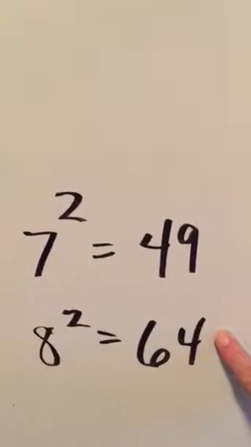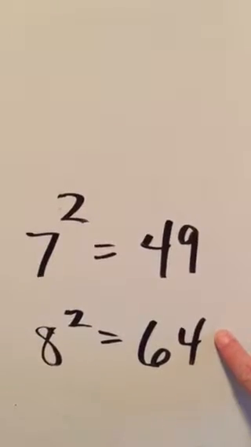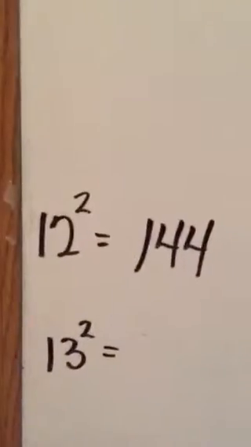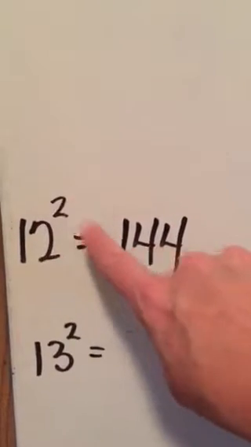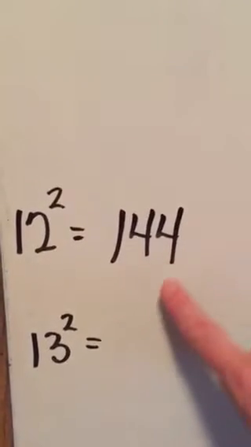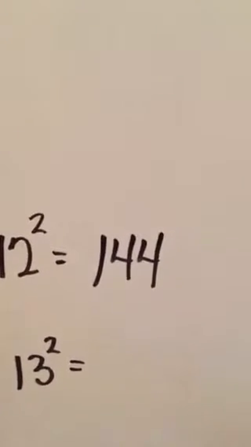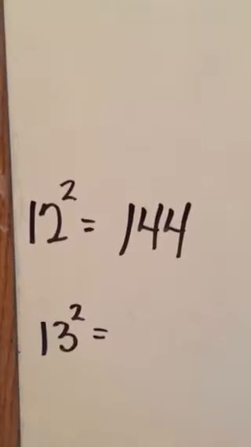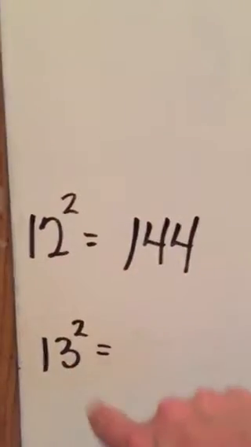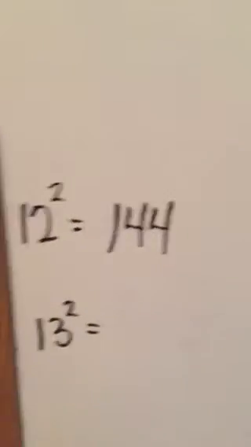Wait, can I use this math trick in order to solve this problem? Okay, I know 12 squared is 144, but what is 13 squared? Is there a shortcut rather than breaking out scratch paper? Well, what is 12 plus 13? 25.